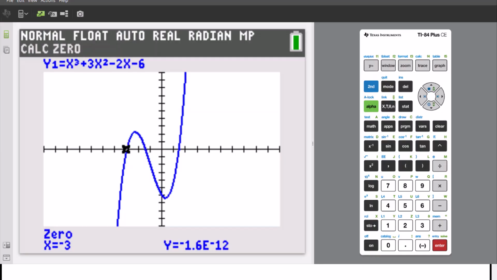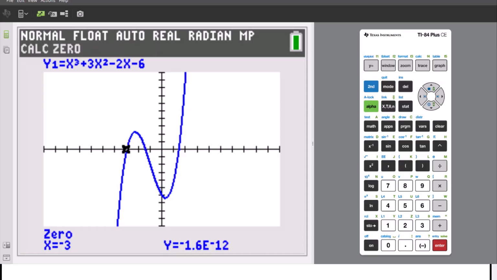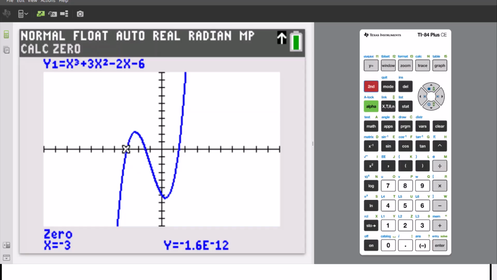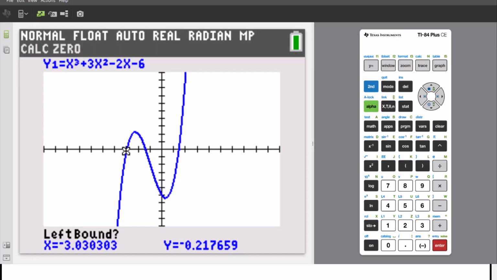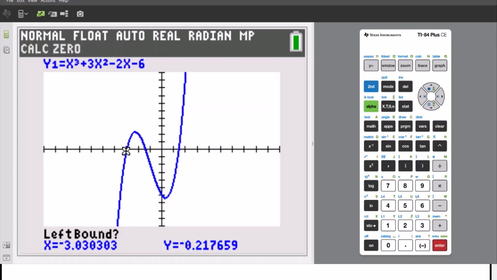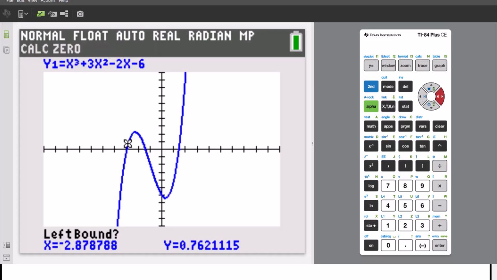Okay, it remains to find 2 more. The next one seems to be somewhere around -1.5. Again, we're going to click second and then trace, and we're looking for the 0, so we select the 0 option. Again, it's going to want to know the left bound. Since my next crossing is happening around -1.5, I'm going to take my little cursor and put it somewhere to the left of that.